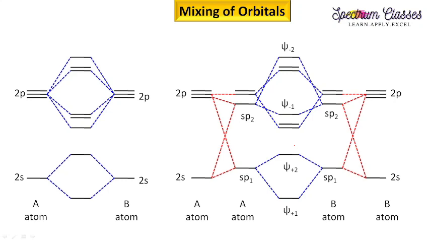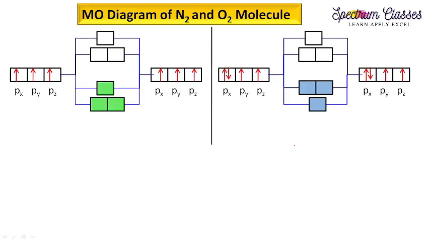So that is the reason that up to nitrogen the pi orbitals are at low energy as compared to the sigma molecular orbital, whereas after the nitrogen molecule the pi orbitals are of high energy than the sigma molecular orbital, right?